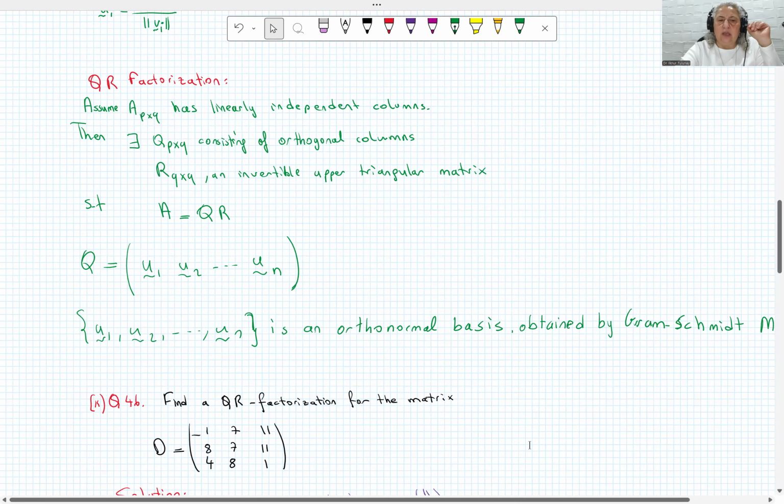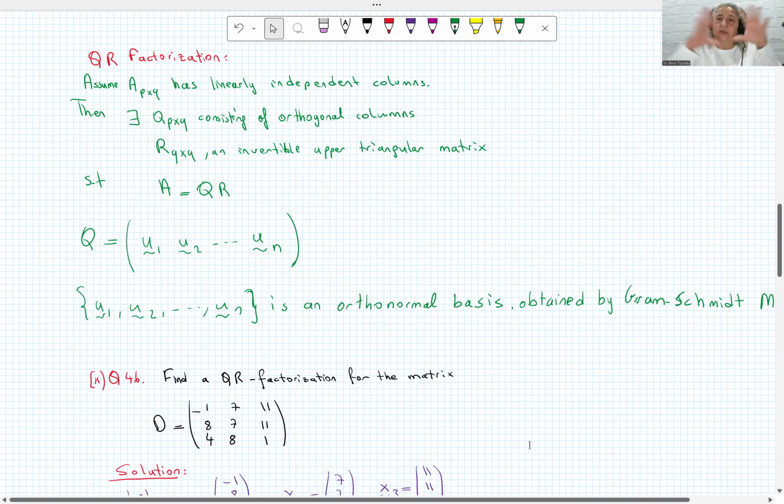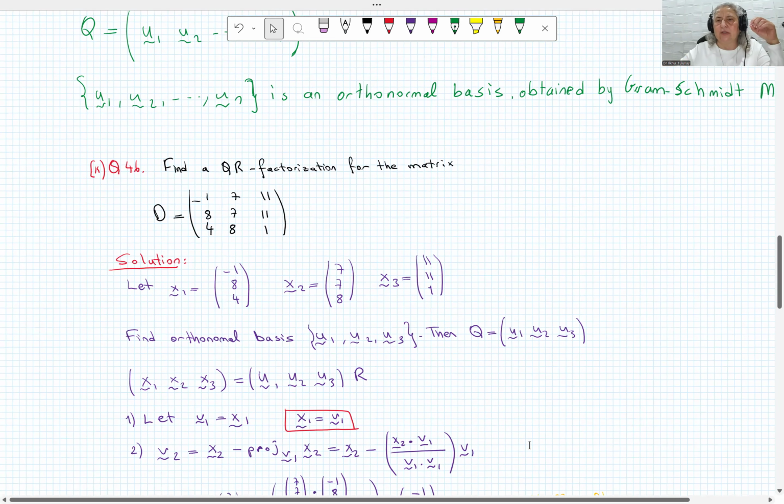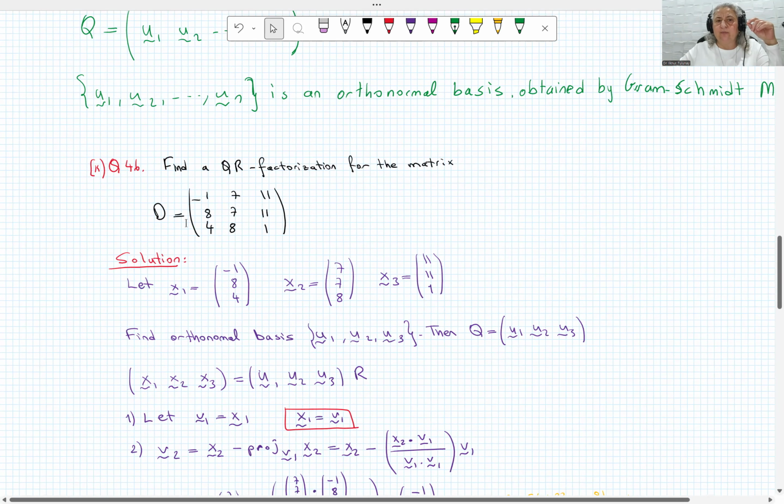Now let's do all of this together, which means we would like to find the QR factorization of this matrix by using the Gram-Schmidt method. I just named the columns: column 1 is x1, column 2 is x2, column 3 is x3.